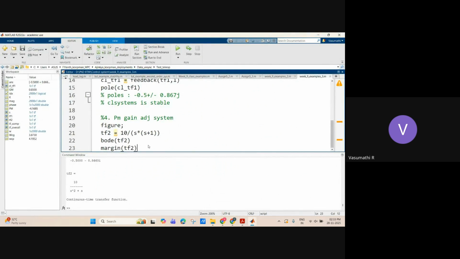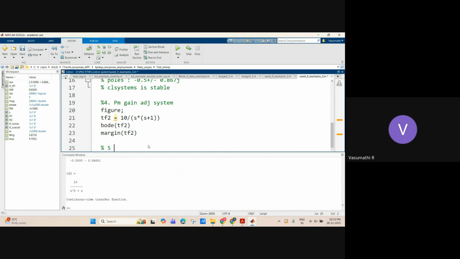For designing the lag compensator, first we have to write the lag compensator representation. How we used to represent it: (1 plus sT) divided by (1 plus s beta T), where beta will be found.